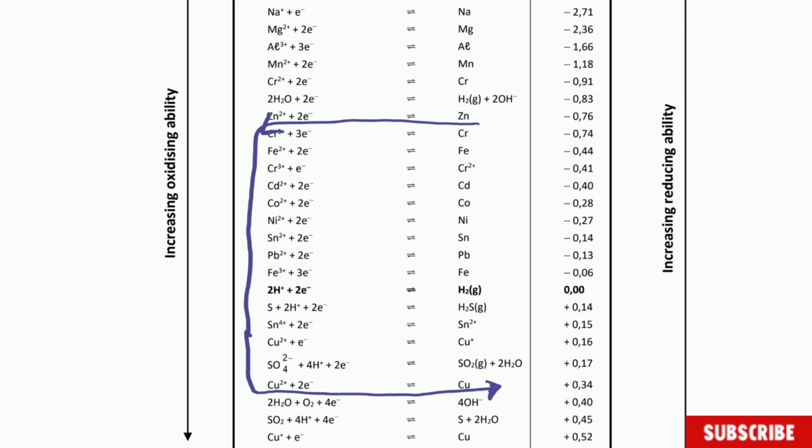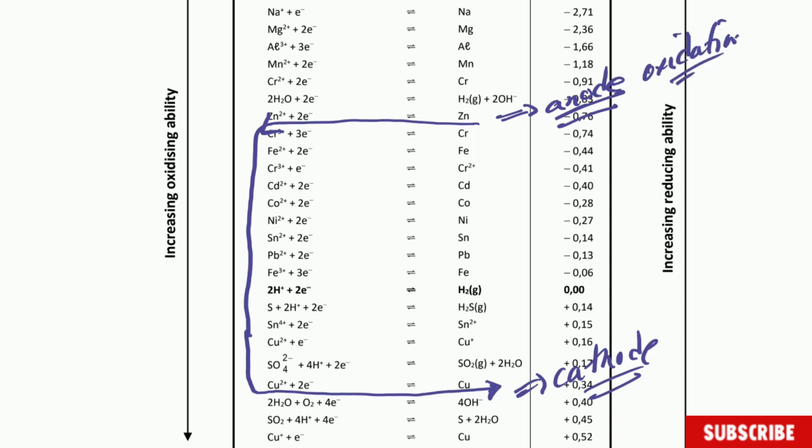Now, how does it work? If you can do this, the one on top is always going to be the anode, and the one at the bottom will always be the cathode. So in other words, on top will always be oxidation. If you look carefully at this line, as you move up, the reducing ability increases, therefore more ability to be oxidized.